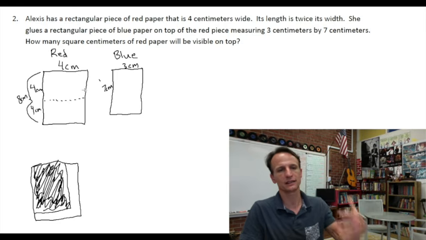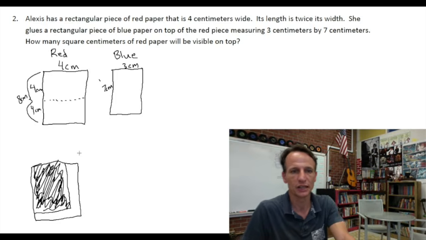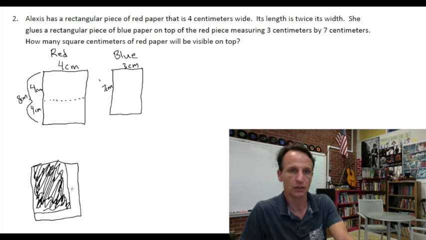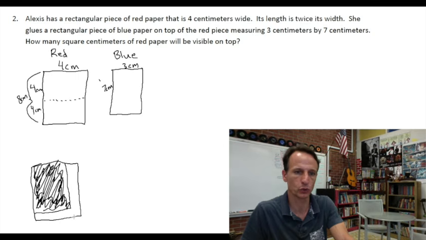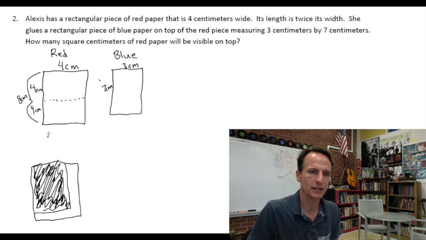Now that is a wondrous clue to help us figure out how to actually calculate how big this exposed red paper is. Because when we're talking about square centimeters, we're talking about area. So if we were to take the area of the red piece, which we know to be length times width, and our length and width are 8 and 4, 8 times 4.